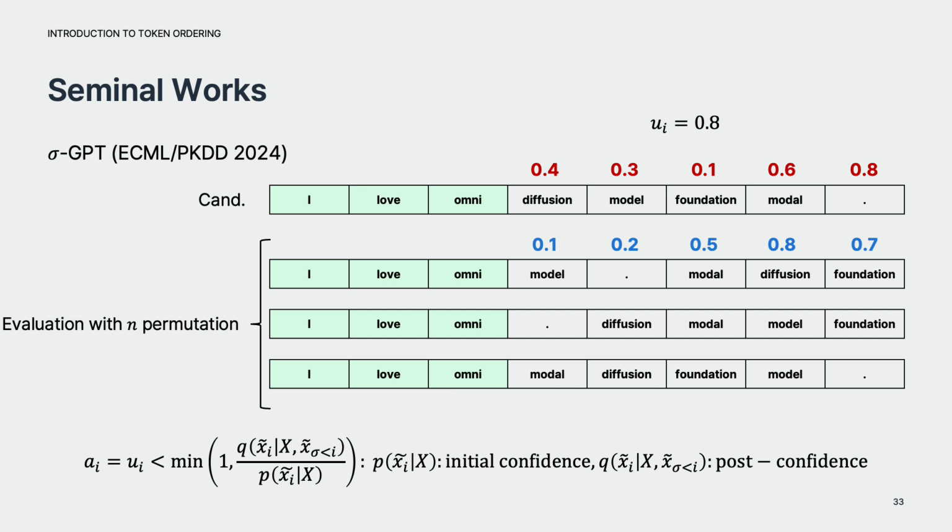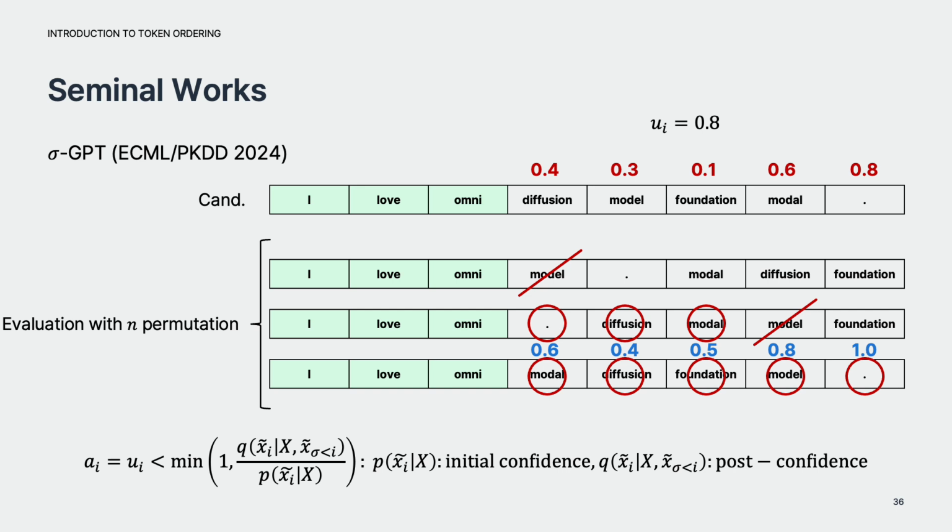For example, the ratio Q over P for the first token is 1/4, which is smaller than 0.8. It is rejected. If rejected, we move on to the next sentence and apply the same procedure. This process is repeated for all sequences until all our tokens are accepted through rejection sampling.